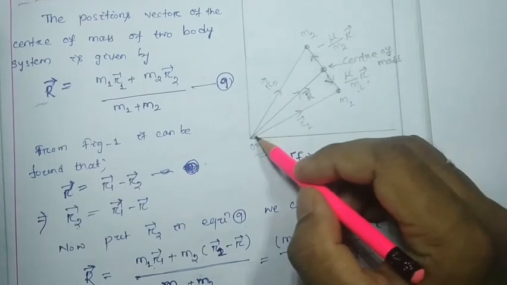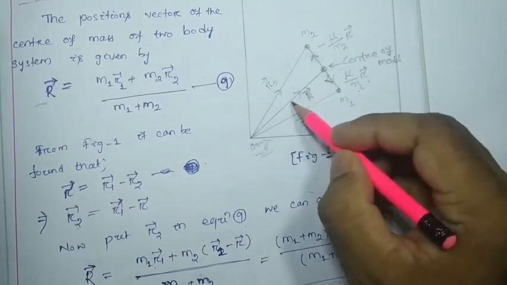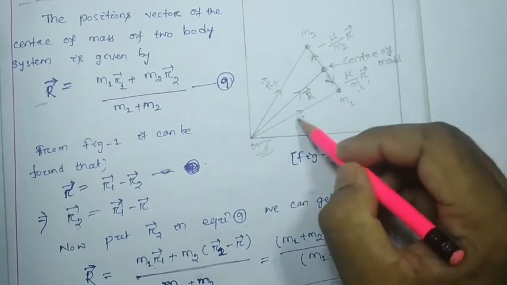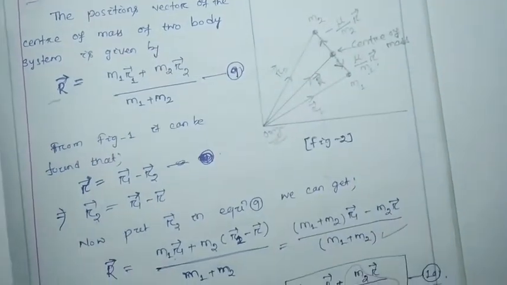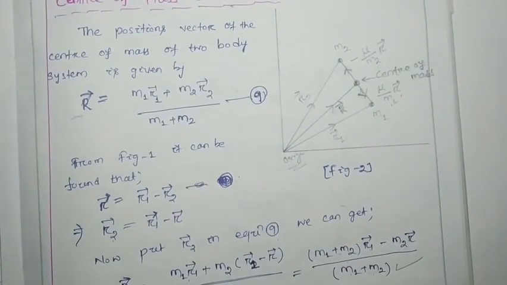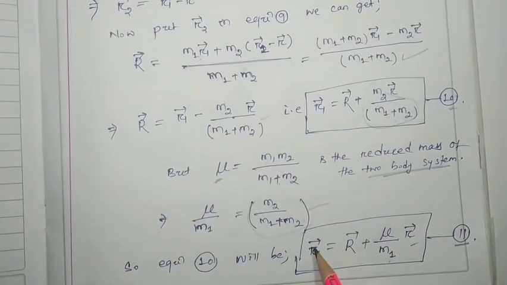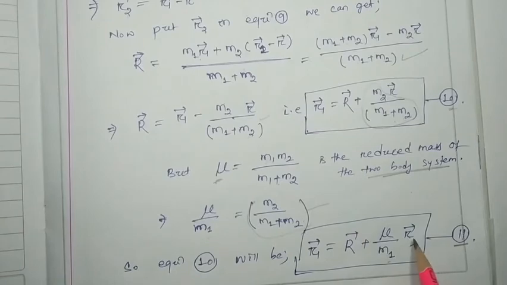See here, this one plus this one, this is the closing side. So capital R plus this one will be r1. Now similarly, we found that small r1 equals R plus mu by m1 r. This is your equation number 11.